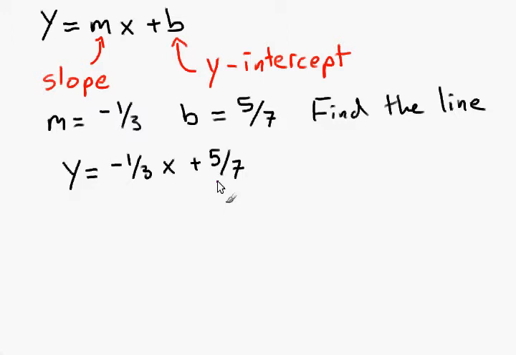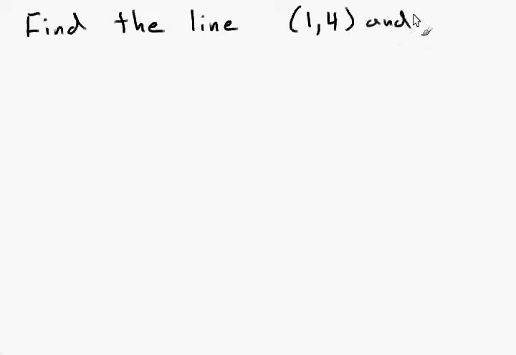Here's a trickier example with slope-intercept form. We want to find the line that passes through the points 1, 4 and 3, 7. Here's the tricky part.